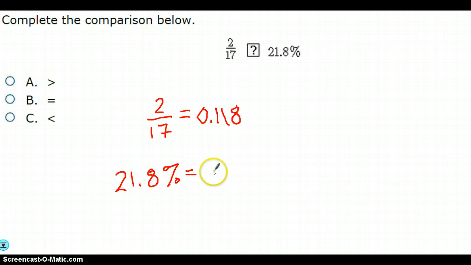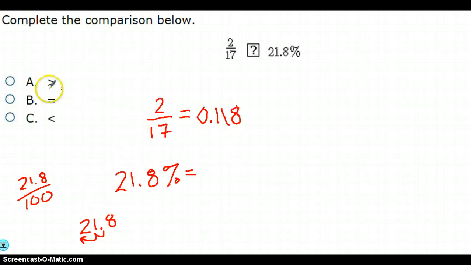And so we're going to do the same thing with the percentage, but with percentage, that's the same as dividing by 100. So if I did 21.8 divided by 100, I could do it that way. And another method is to take the decimal point and move it 2 places to the left. That would give us the decimal equivalent of this percentage.